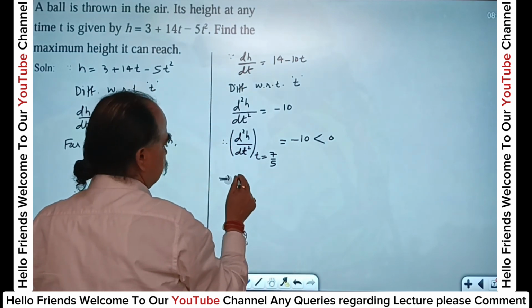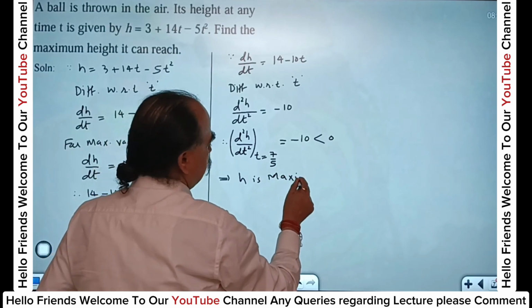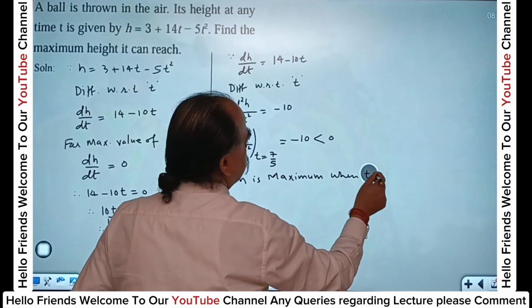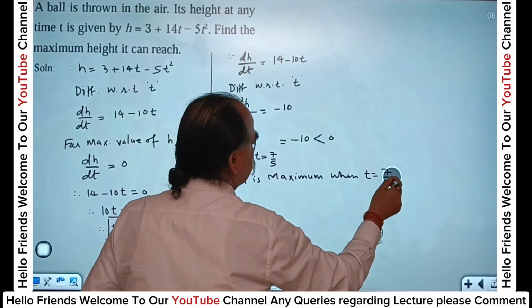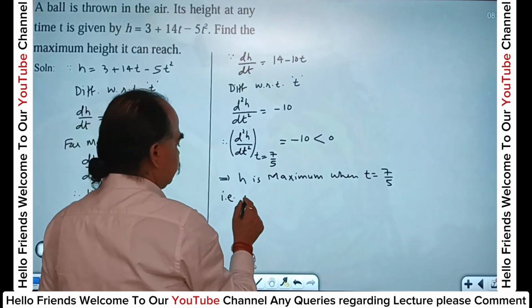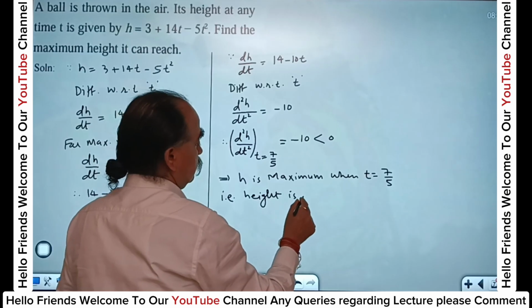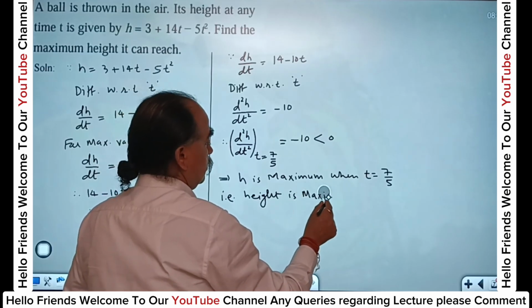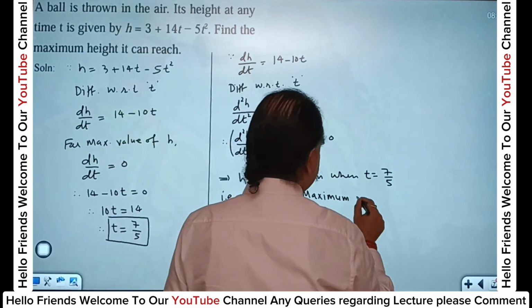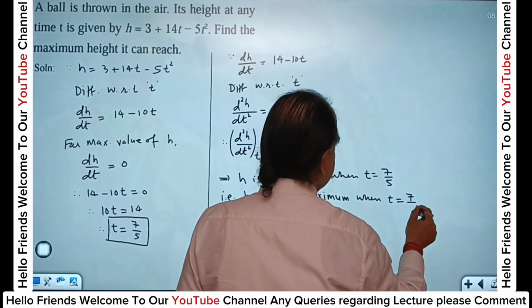This implies h is maximum when t is 7 by 5. That is, height is maximum when time is 7 by 5 second.